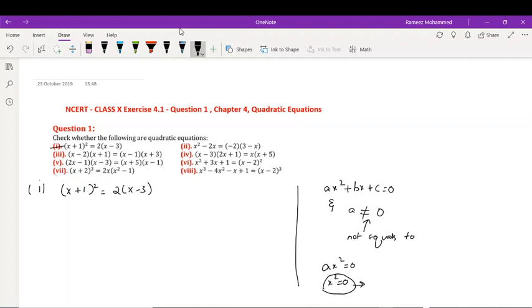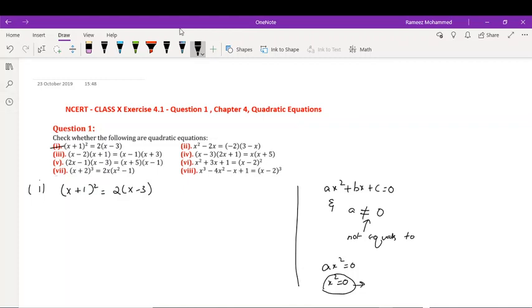How the roots are 0 and 0, I will explain in later videos. For now, for your basic understanding, assume that a should not equal 0, and b could be equal to 0 and c could be equal to 0 as well. Even if b is 0 or c is 0, the given equation will always be a quadratic equation. But the very important thing is, a should not equal 0.